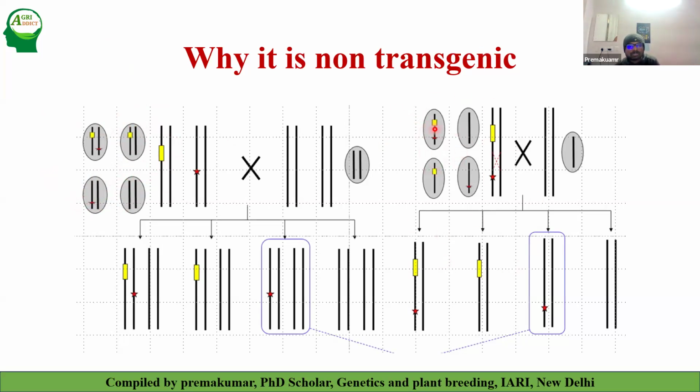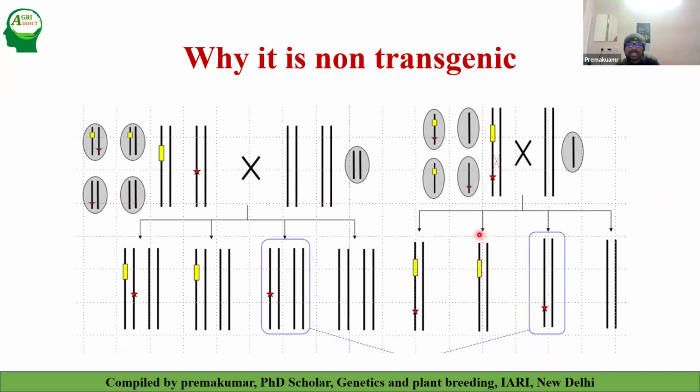Whether the mutant and marker gene are in the same location or not, when you cross with a normal individual, it will segregate. You have to isolate particular lines in such a way that you only have the mutation. This red star is only the mutation, but all your marker genes are not selected.